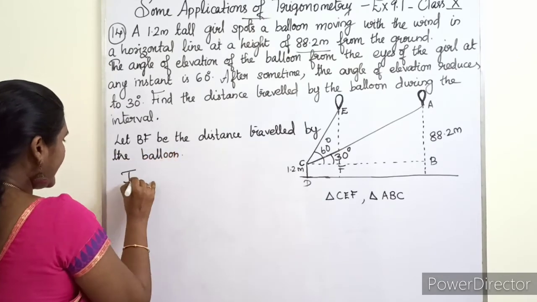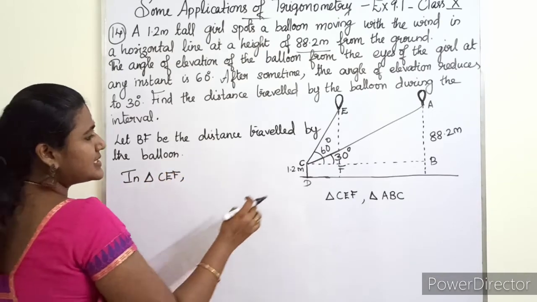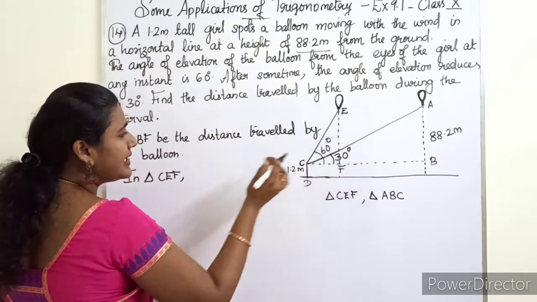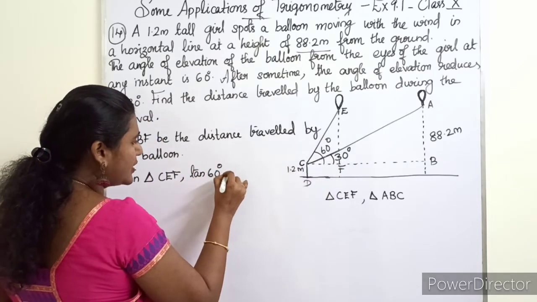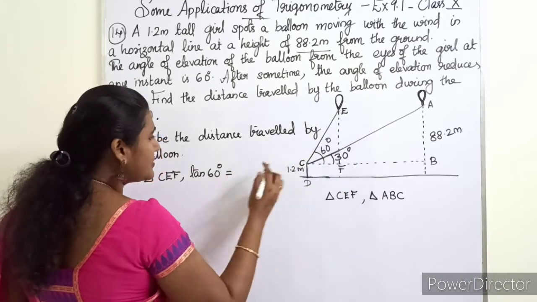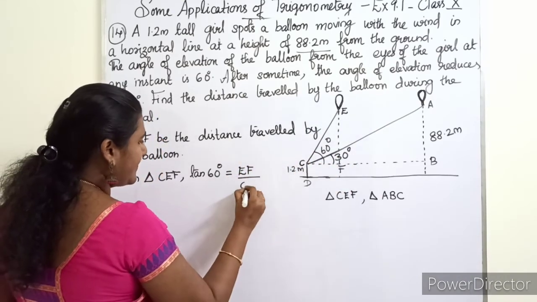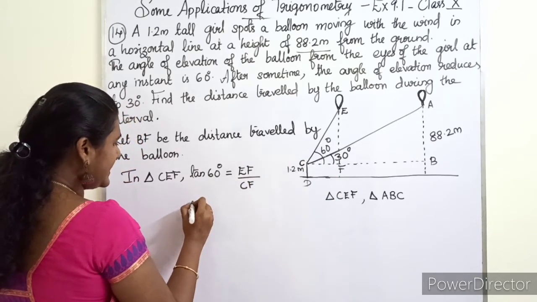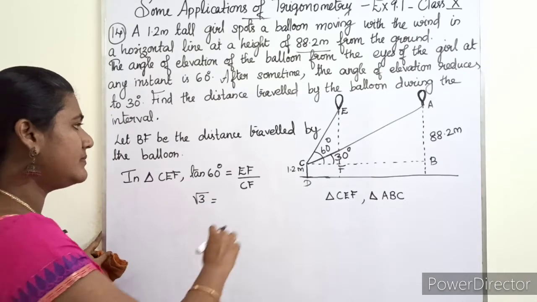Now first, in triangle CEF, the angle is 60 degree. So tan 60 degree is equal to the opposite side EF divided by CF. Now what is tan 60 degree? Tan 60 degree is equal to root 3.